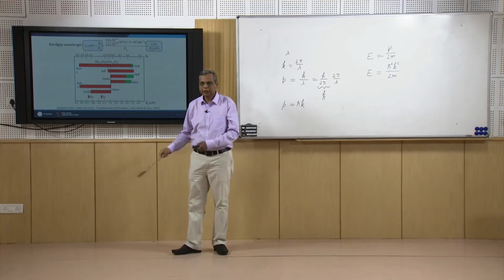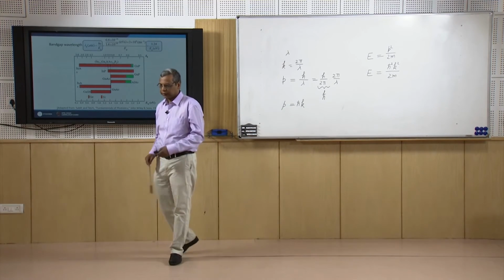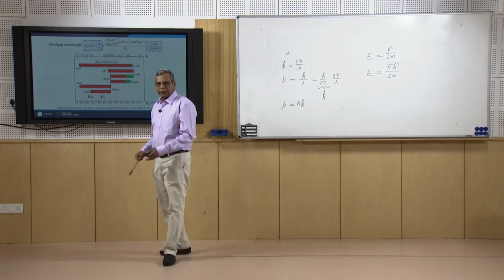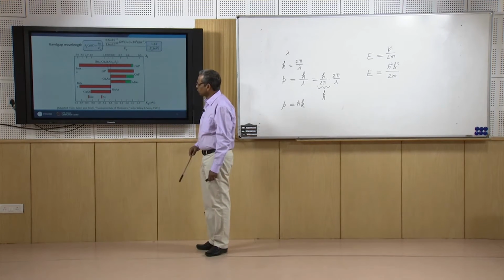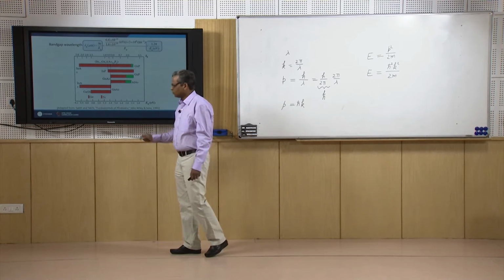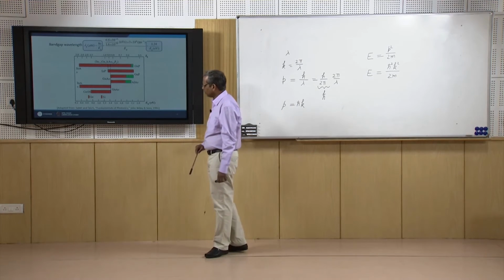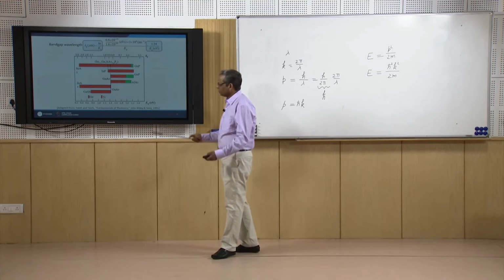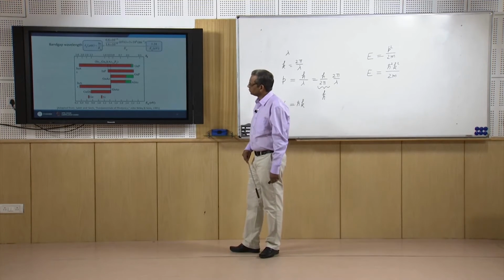I would like to mention here that in this lecture and in the subsequent few lectures, I have adopted several illustrations from the book by Saleh and Teich, Fundamentals of Photonics, which is the textbook I have recommended. So, you can refer to that book also.